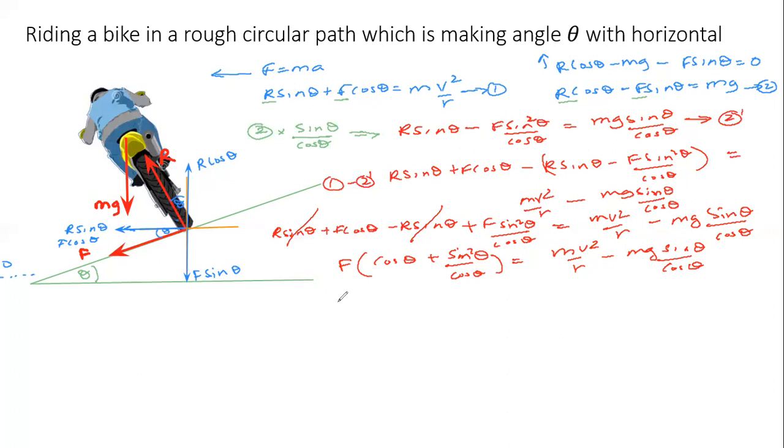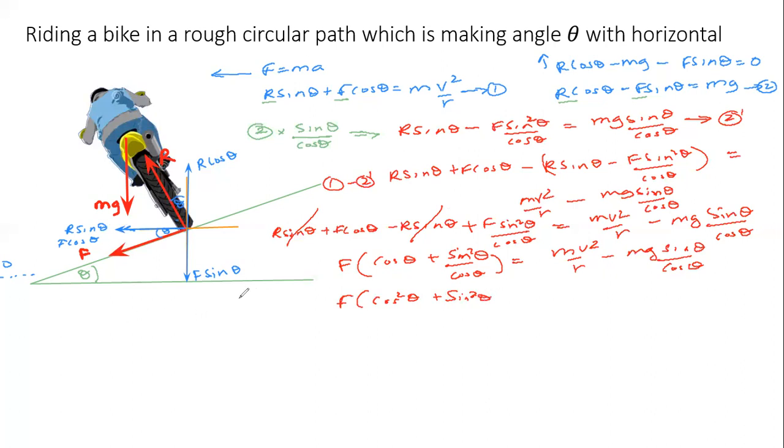Let's simplify this further. I can multiply both sides by cos theta. If I multiply both sides by cos theta, here we get cos squared theta plus, multiplying with cos theta, the numerator and denominator cancel off, leaving sin squared theta.